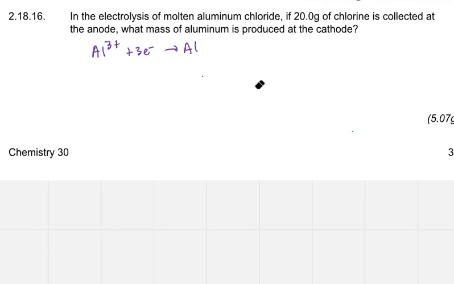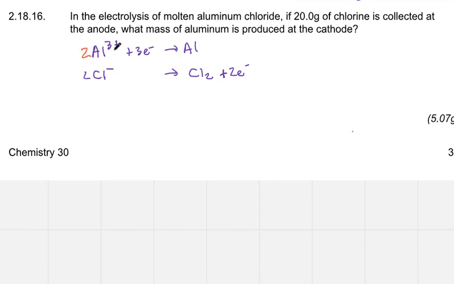Actually, now that I look at the question, we are going to need this. If we made 20 grams of chlorine, they want to know how much aluminum we are going to get. Funny thing, we could do this with It equals FnE, I suppose, but really this is stoichiometry from long before this unit. If we make the total cell reaction here, we need to match our electrons.